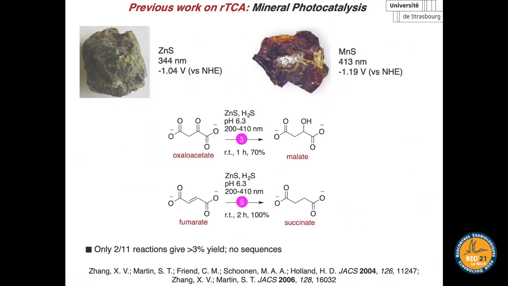There was a group of Scott Martin and co-workers who used the photocatalytic properties of manganese sulfides and zinc sulfides to try and catalyze some of the reductive Krebs cycle, rTCA cycle reductions. But the result of these investigations was such that only 2 reduction reactions that they tested gave yields above 3%, and they did not obtain continuous sequences that would allow them to perform the entire pathway in one go, for example.